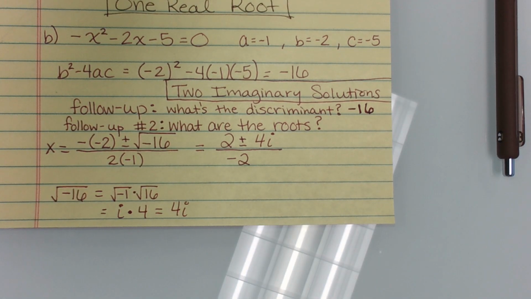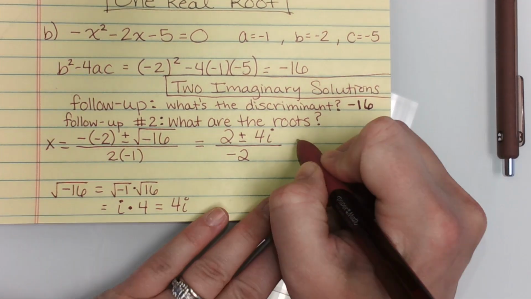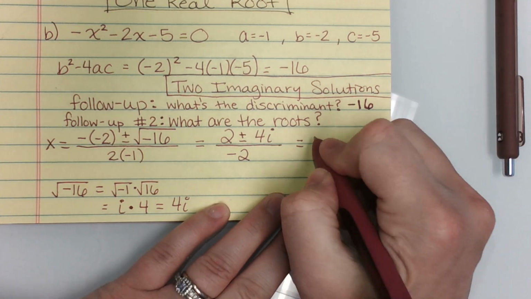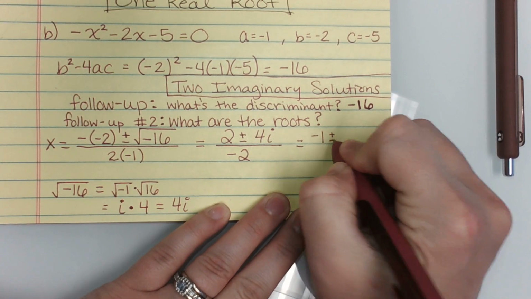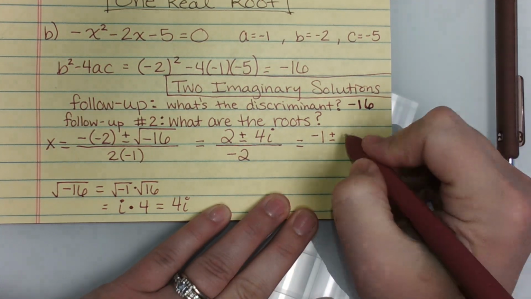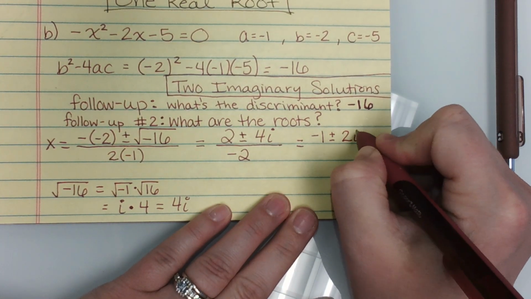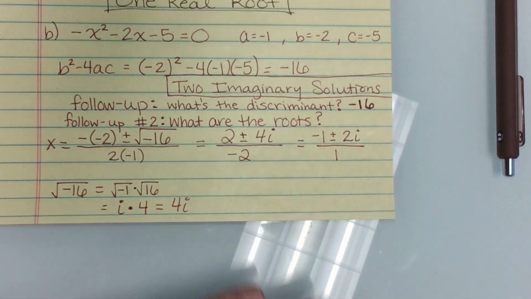Remind me, when can I simplify this further? When all 3 whole numbers divide by the same thing. Do they? Yes. What number do they divide by? 2. Negative 2, because generally you don't want to leave the bottom negative. Negative 2 divided by negative 2 is 1, wait, 2 divided by negative 2 is negative 1. Plus or minus 4 divided by negative 2 is negative 2, but since it's got both plus and minus, I could just do 2i all over 1.